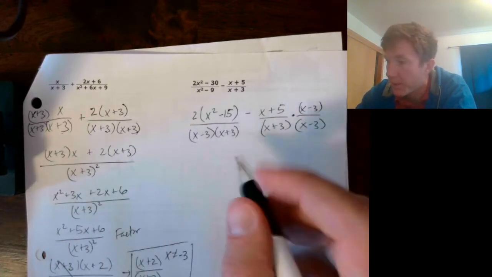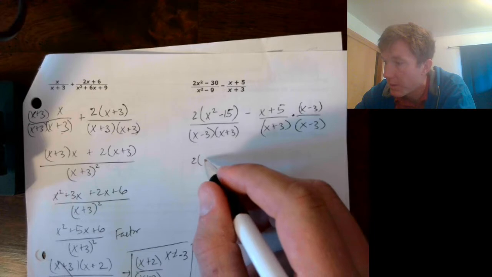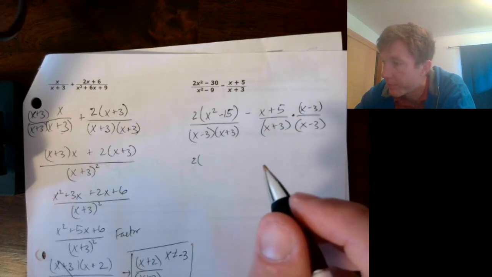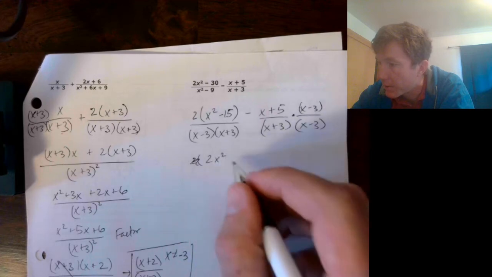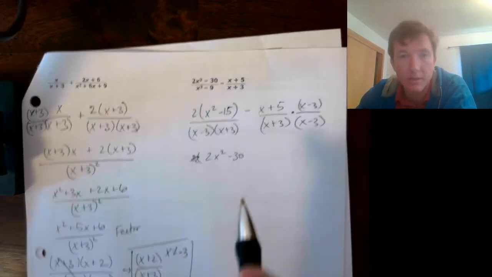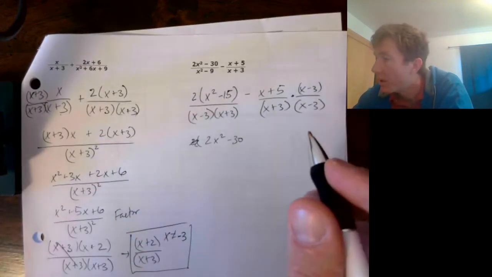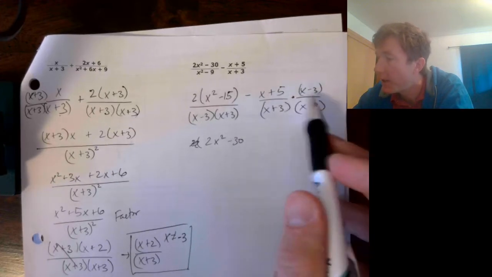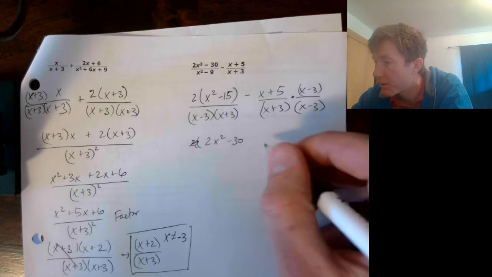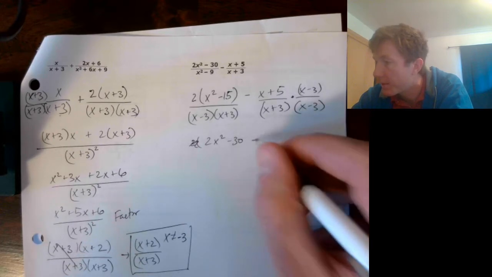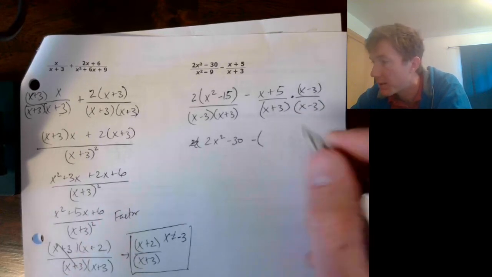Okay, so this will be 2, I'm going to write it out like this again. It didn't really help to factor at that time. X plus 5 times x minus 3. I'm going to write that out. So this is minus here. I'm going to put big parentheses there.